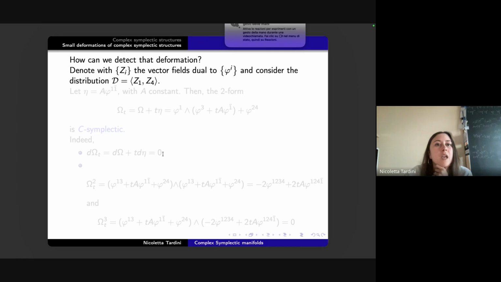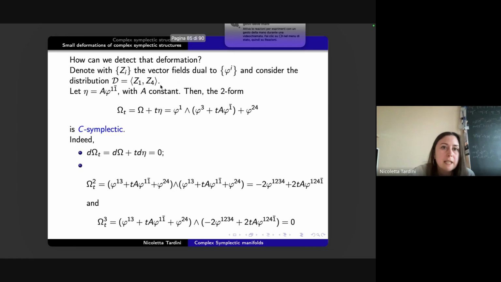But the idea is that, okay, denote with Z_i the vector fields that are dual to the (1,0) forms phi_i. And we consider the distribution generated by Z1, Z4. And we consider a (1,1) form, eta. So this is a Lagrangian distribution, okay, so omega here is vanishing.